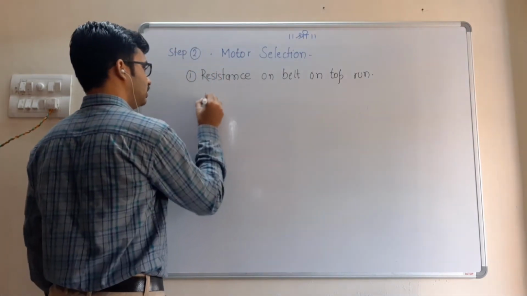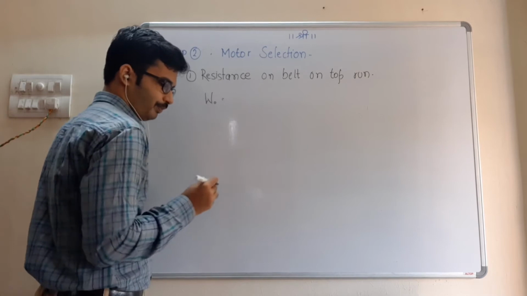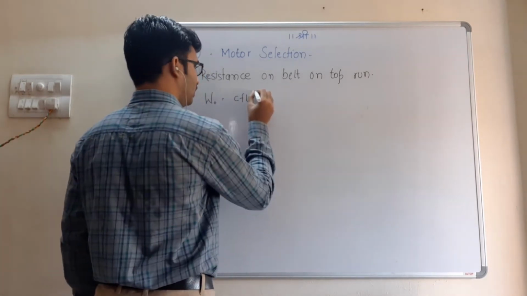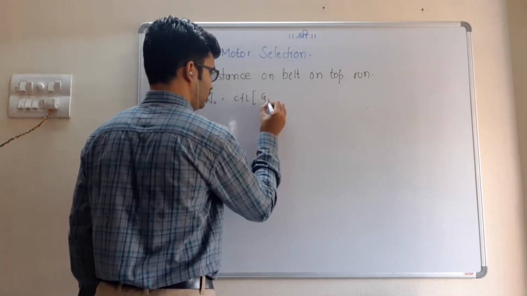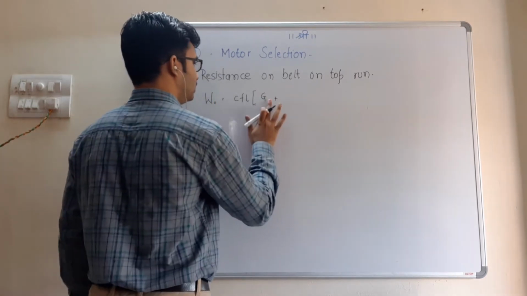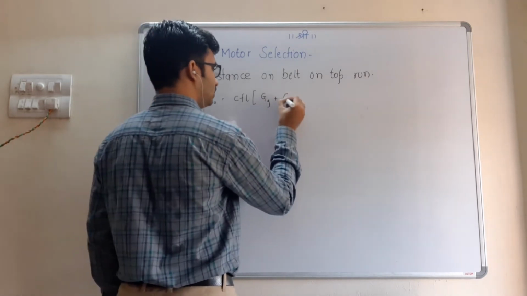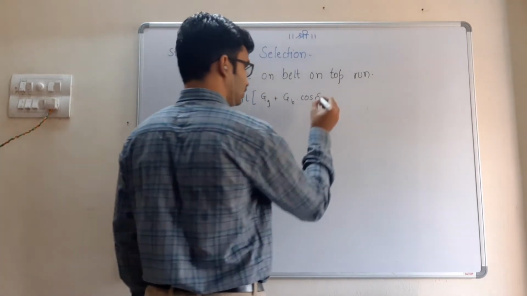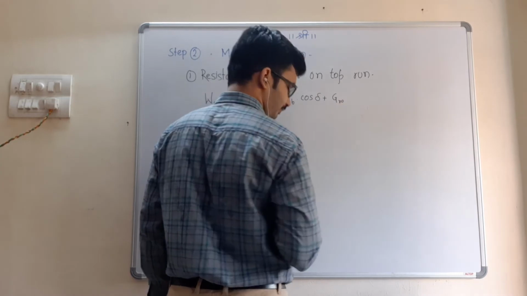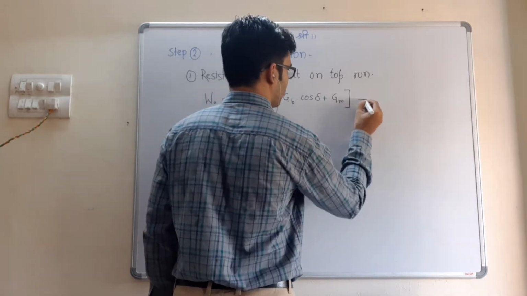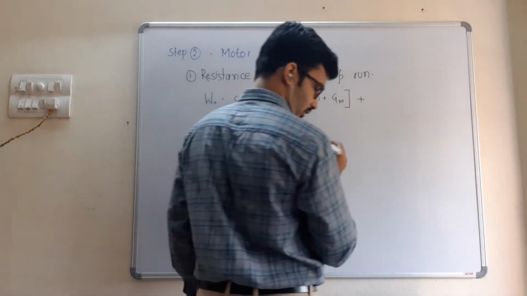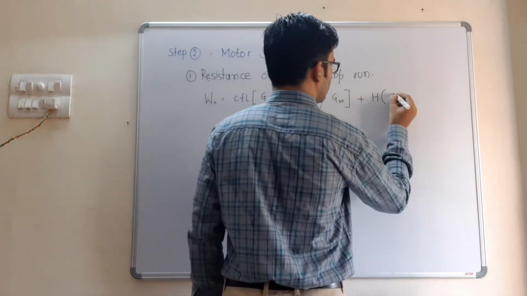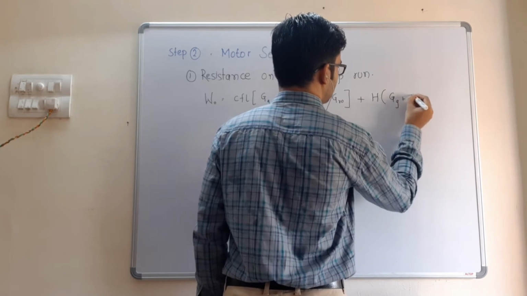It is given by W0 equal to C F L into bracket G_G plus G_B cos delta plus G_RO plus H into G_G plus G_B.